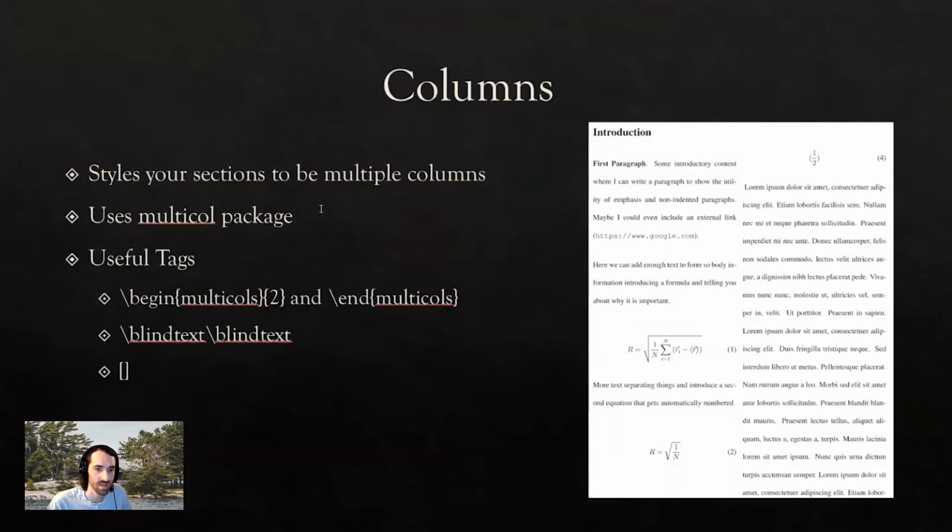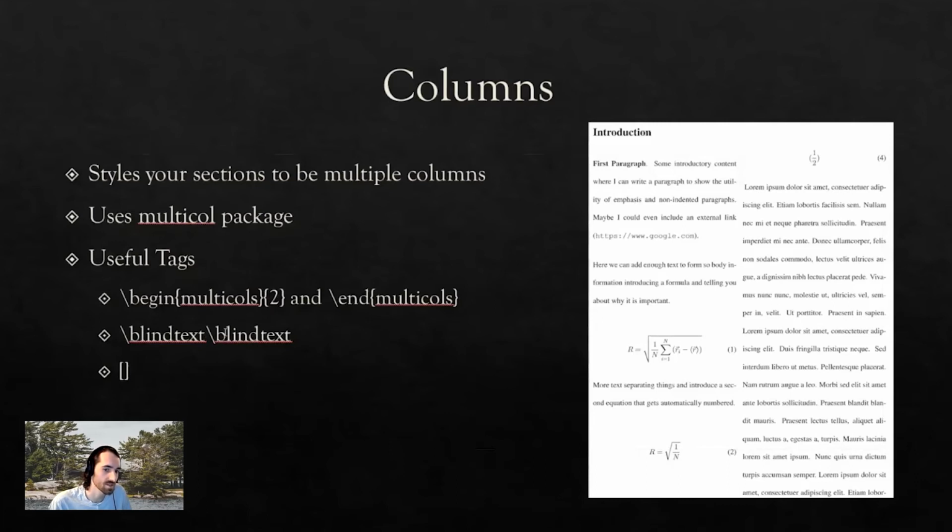So in this case, we're going to use this package called multicol, which I've added in the header. And again, like we saw before, there's going to be an opening tag and a closing tag. The opening tag also gets an additional argument between the curly braces that follows, which tells it how many columns it should be expecting.